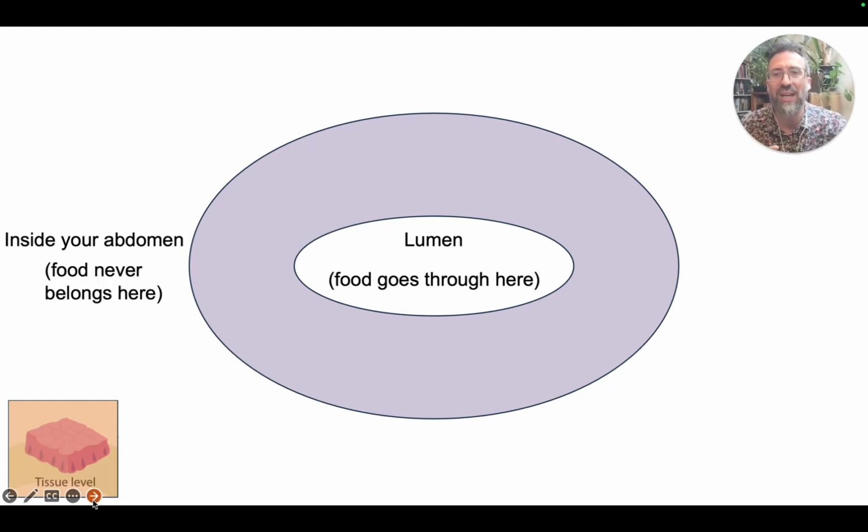And food should never belong there. That could be infectious and very, very harmful. So food goes through the intestinal tract. And when we're talking about tissues, I'm going to zoom in on the tissue level in the next slide. And actually, there's like a mucin layer that kind of is on the very outside. That's what these squiggles are supposed to represent. And then there's some what's called perivisceral fat on the outside of the tissue.